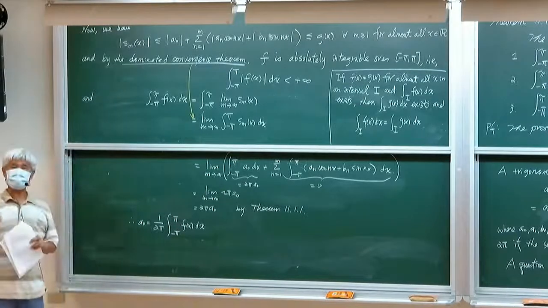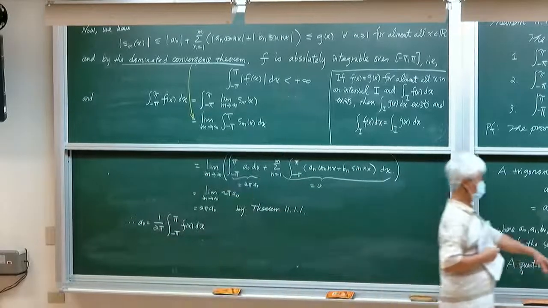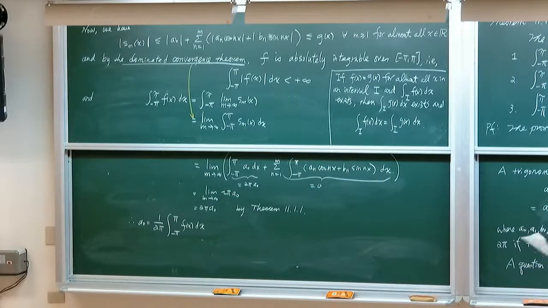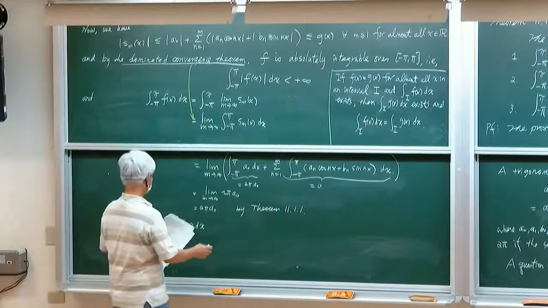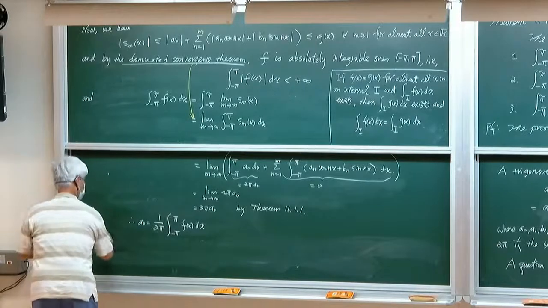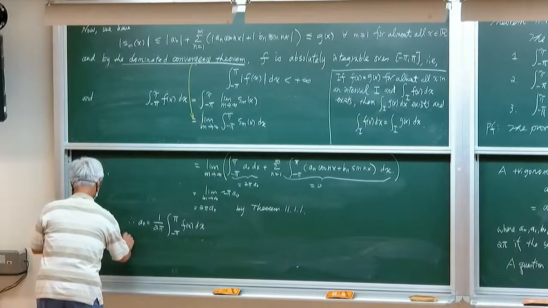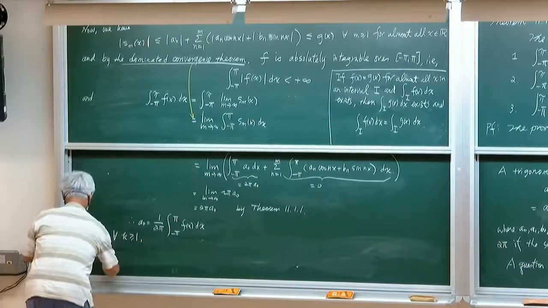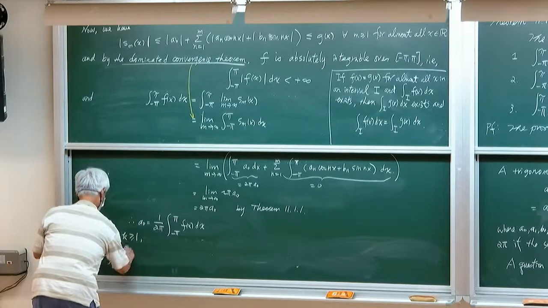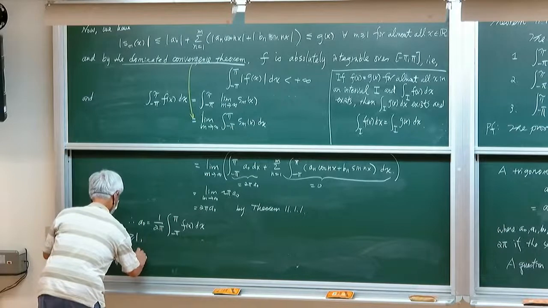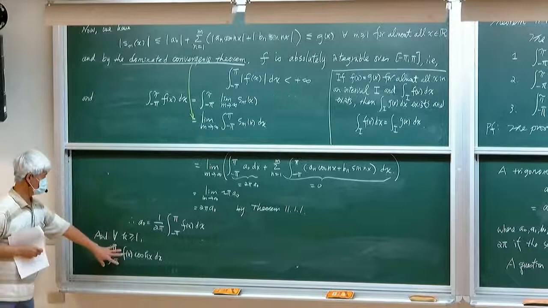Okay, and so we follow the same line of thinking. We can find the constants an and bn as follows, for k greater than or equal to 1. So let's see, we check f of x times cosine kx.